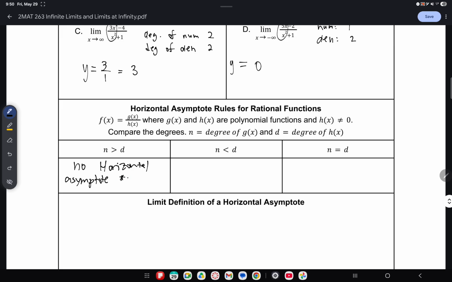I'll put a star and say possible slant. If the numerator degree is less than the degree of the denominator, it's automatically y equals 0. But if the degrees are the same, the horizontal asymptote is the ratio of those leading coefficients.